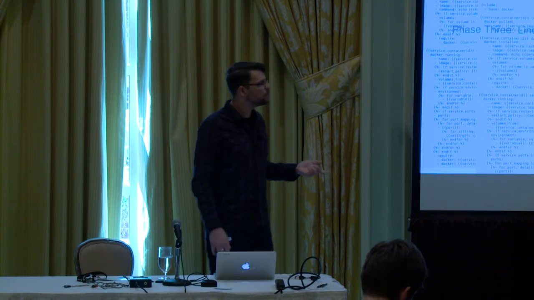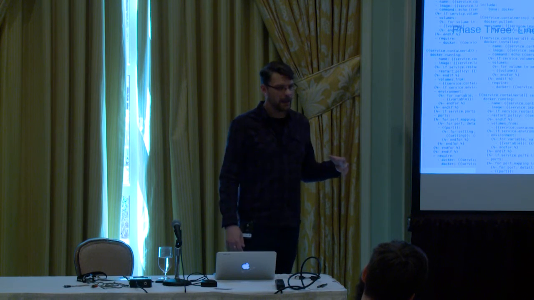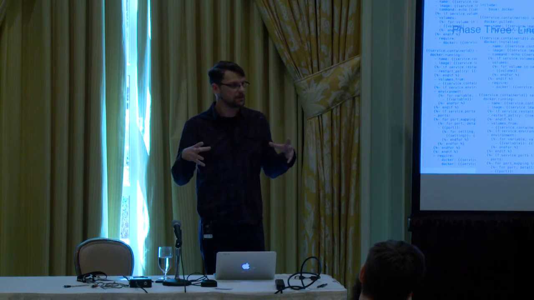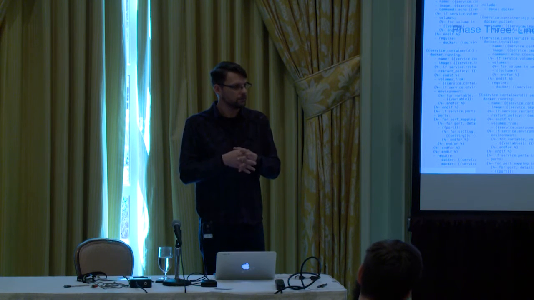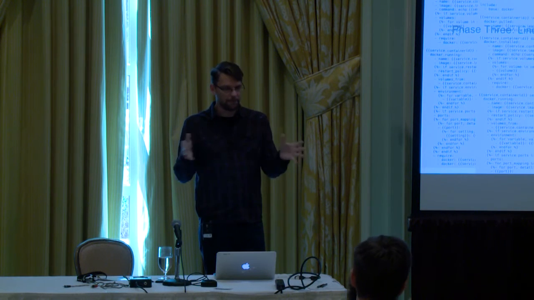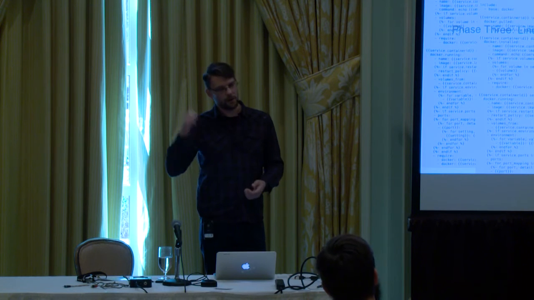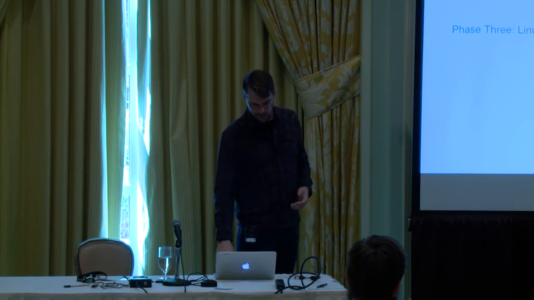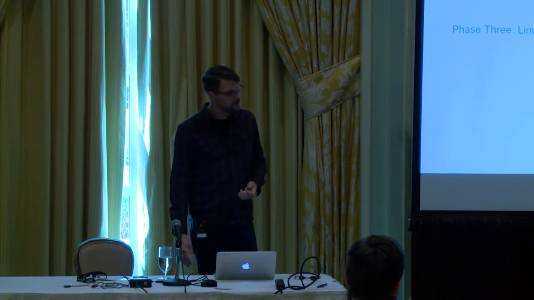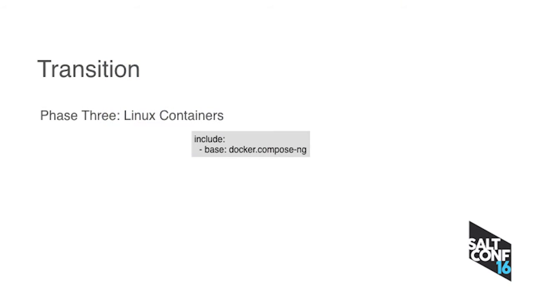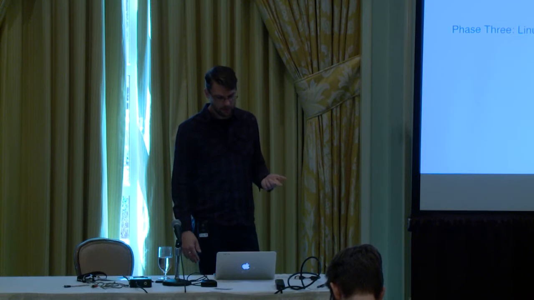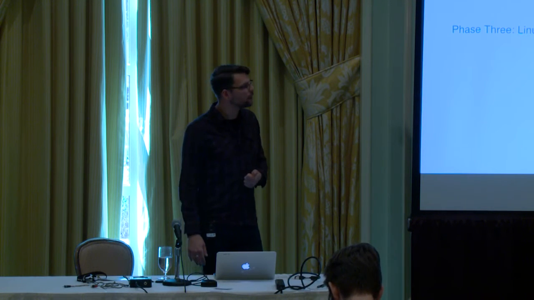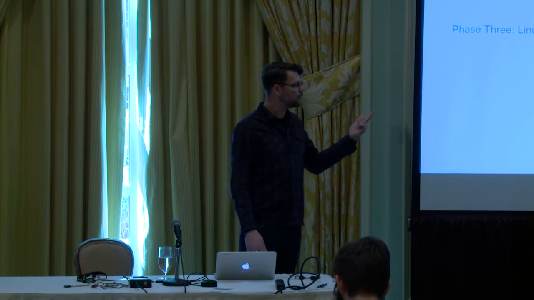But what that allowed us to do is come back later on and compare all those changes and combine that into a single set, so take the best of all of those, throw out the worst. And now what we ended up with was a consolidation of all that work into a cohesive set of tightly coupled states. We were able to submit that work to the community-maintained Docker formula, and today our states are really simple, right?